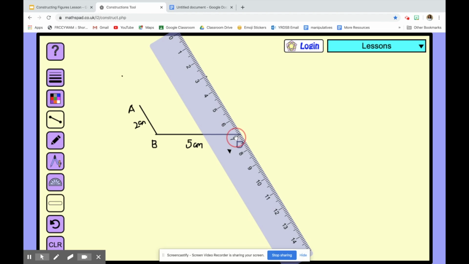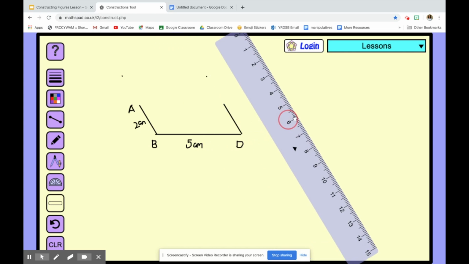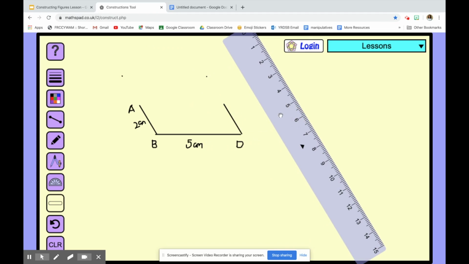So starting here, let's move it a little bit more in. Starting here at the base, I have my pencil lined up, and I'm going to go all the way up to 1 centimeter, 2 centimeters. Okay, it's not perfect, but it's close enough.